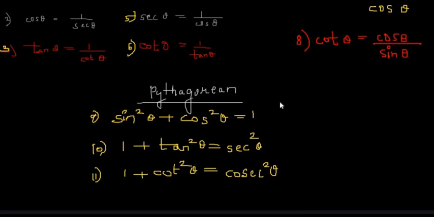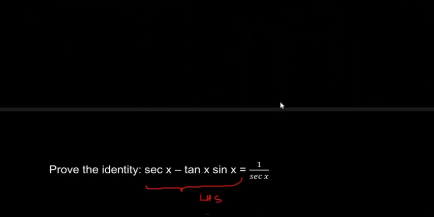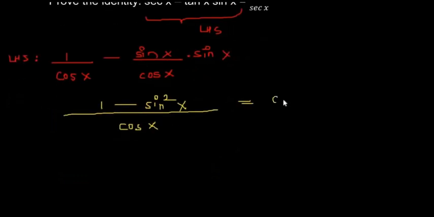So since we have 1 minus sine square x over here, that is equivalent to your cos square x over cos x. So now one cos x goes from the numerator and one goes from the denominator, and what remains is cos x, which is equal to your RHS.